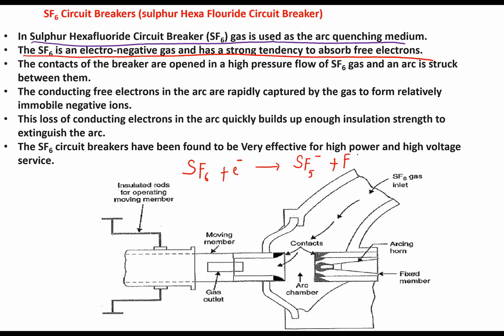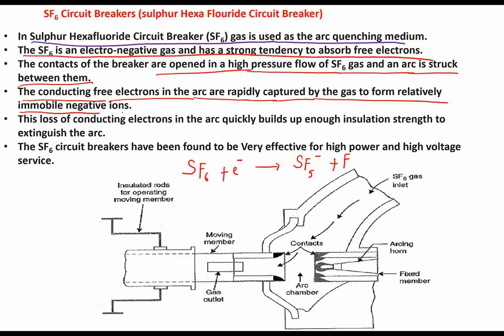Okay. So the fixed and moving contacts of the breaker are opened in a high pressure of SF6 gas, and an arc is struck between them. The arc sustains in the free electrons only. The conducting free electrons in the arc are rapidly captured by the gas to form relatively immobile negative ions.